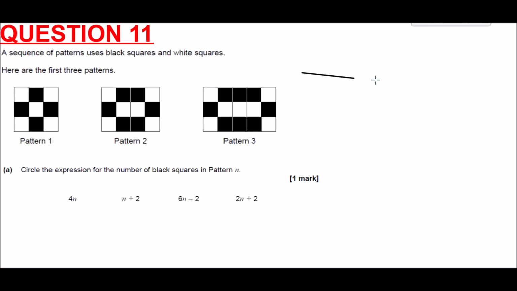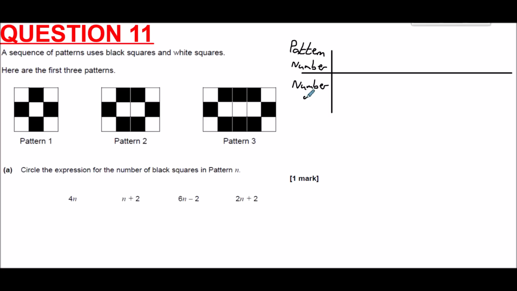So if we just think of a pattern number, a number of black squares by the side of it, and see if we can spot a pattern ourselves. Pattern number, a number of black squares. So we've been given the first three patterns, pattern 1, pattern 2, and pattern 3.